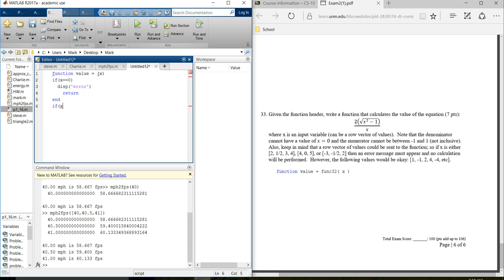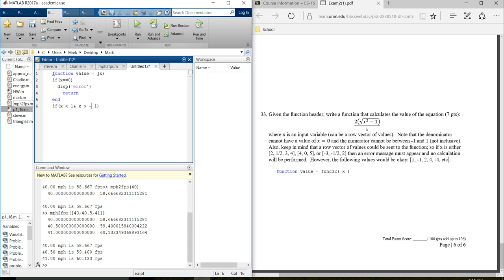So if x is less than 1 and x is greater than -1, it would be an AND function, or an AND logic gate.